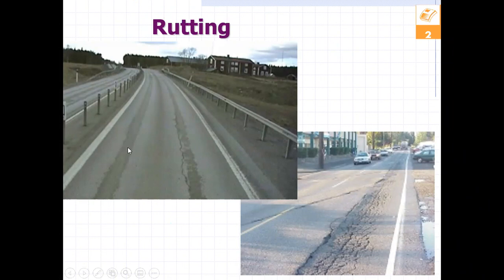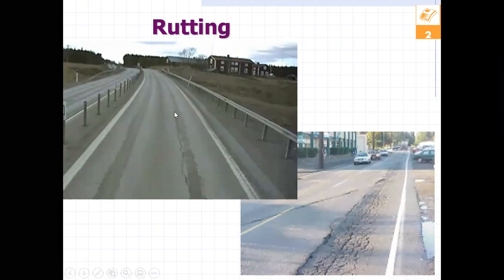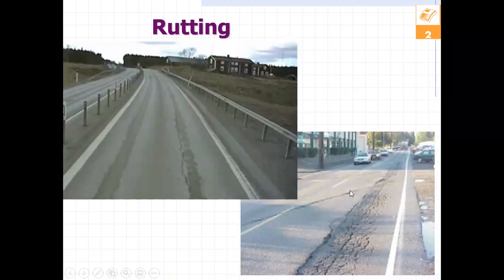The top left is not accompanied by cracking, because the compressive strain was possibly high and produced this over time. It's the accumulation of damage. The bottom right is combined with cracking, with the fatigue cracking.